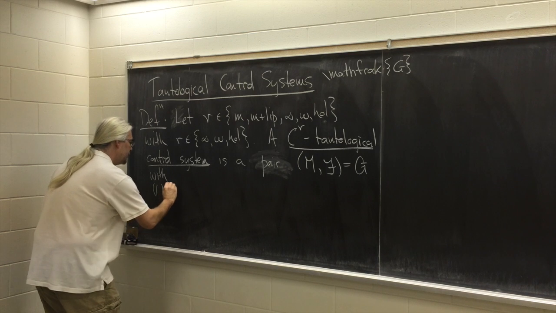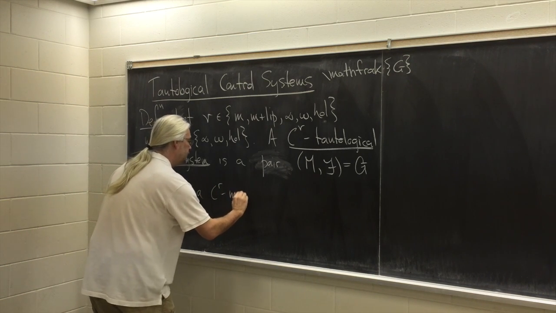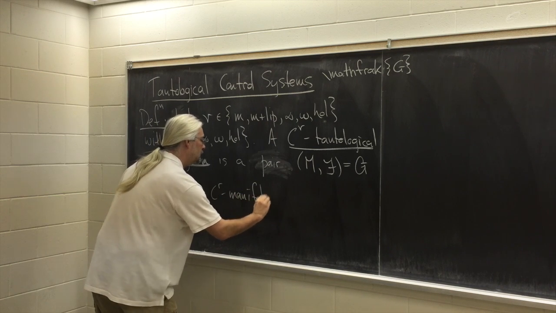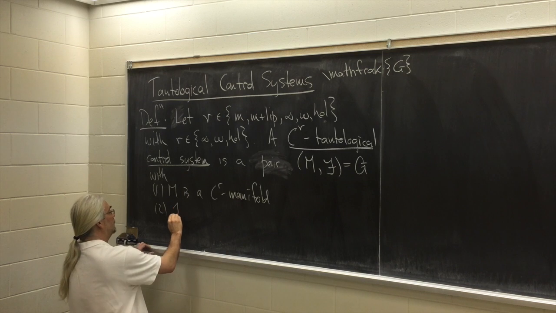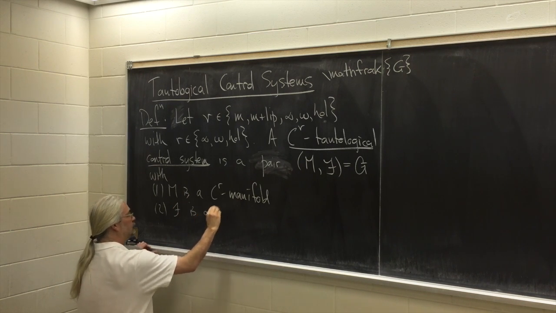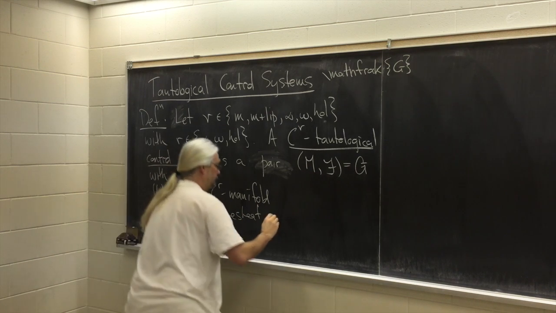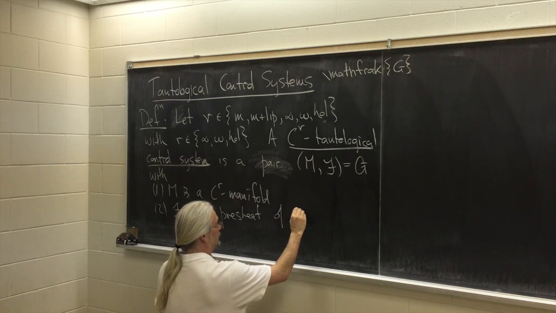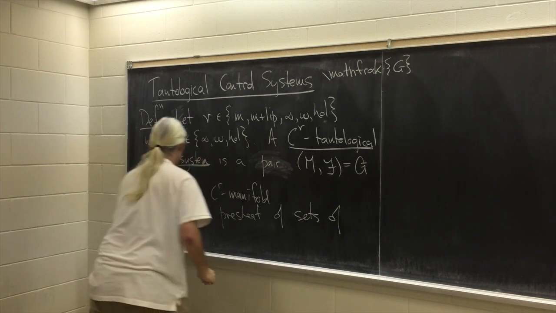So M is simply the manifold, the space of states for your control system, and F is a presheaf of sets of C nu vector fields.